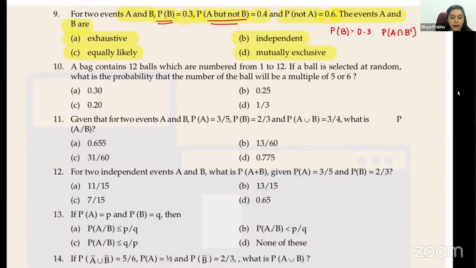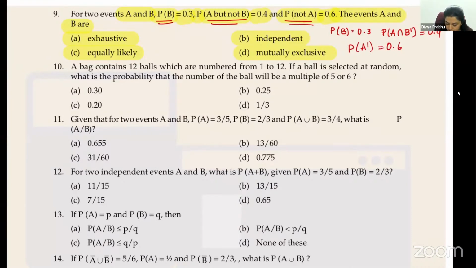A but not B means only A. Only A is written as A intersection B dash, which is equal to 0.4. Probability of not A. Not A means complementary of A. That is P of A dash, which is given as 0.6.